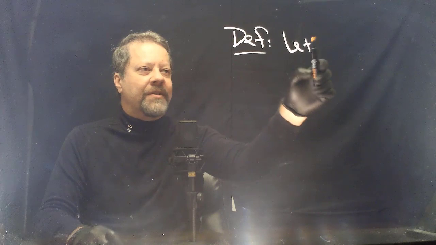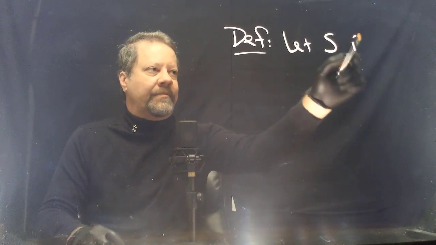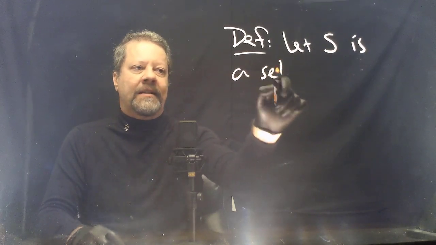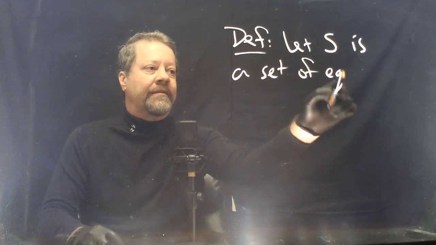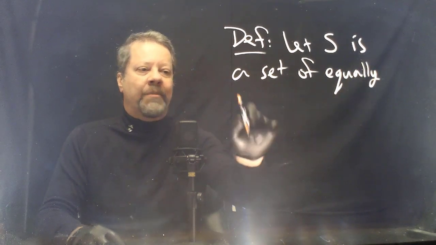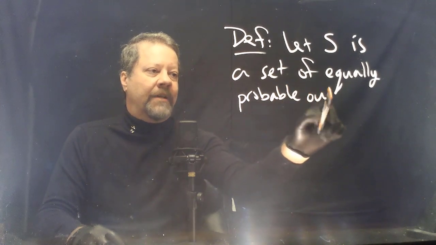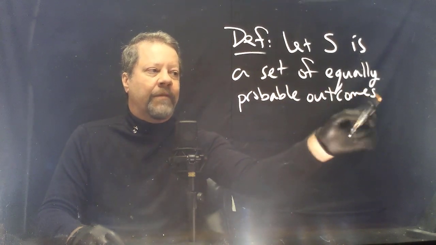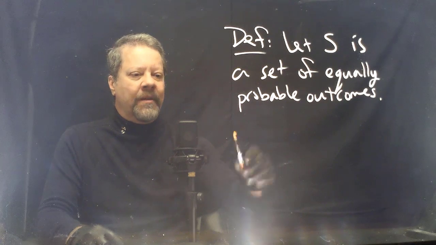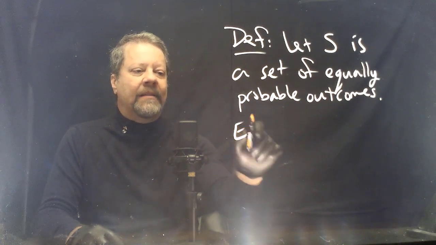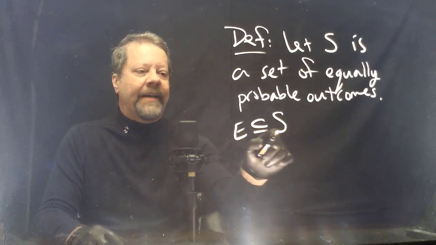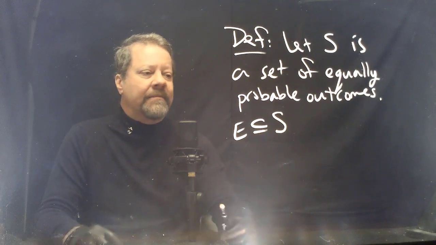We're going to consider the case where S is a set of equally probable outcomes for an experiment. Then we're going to let E be a subset of S. So E is an event.